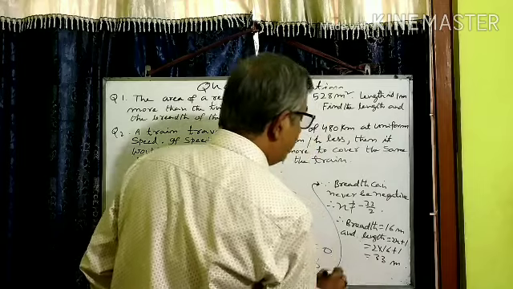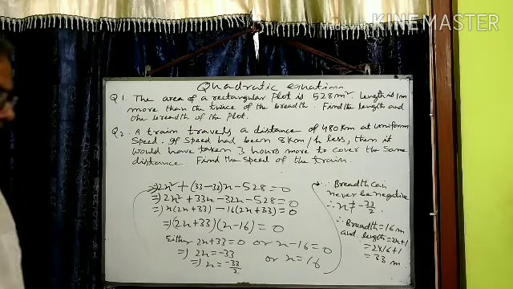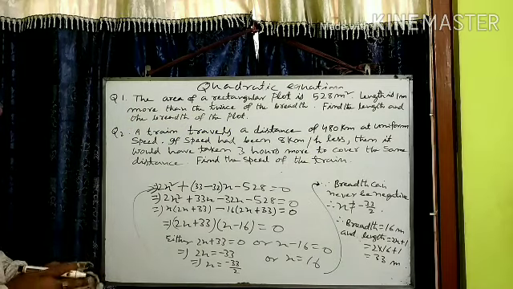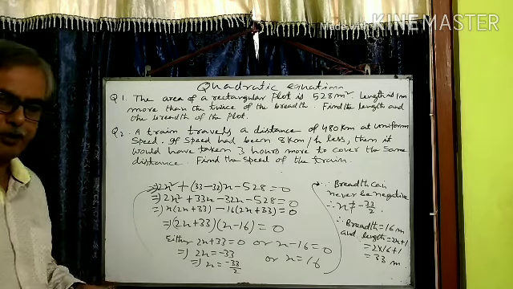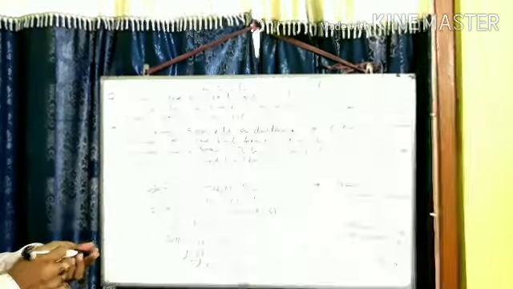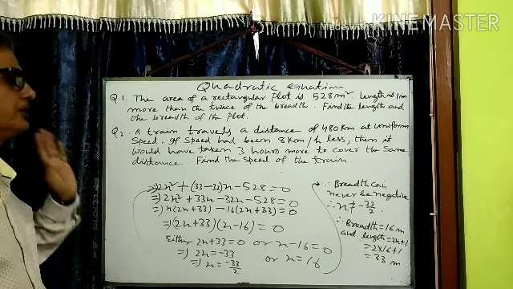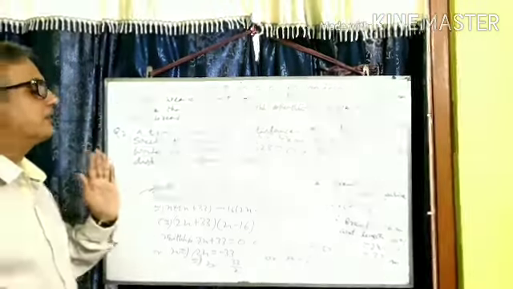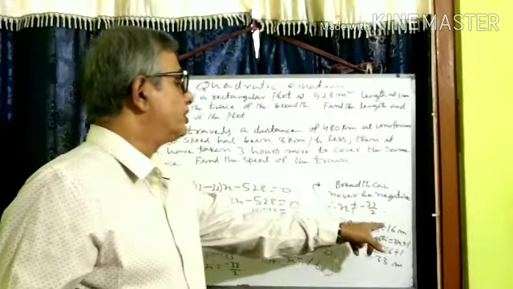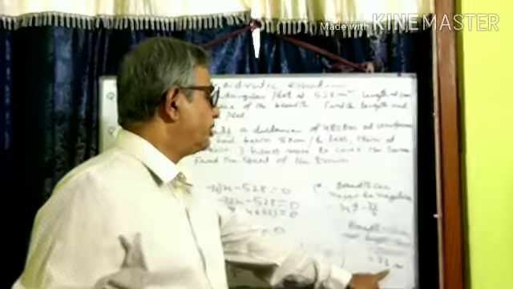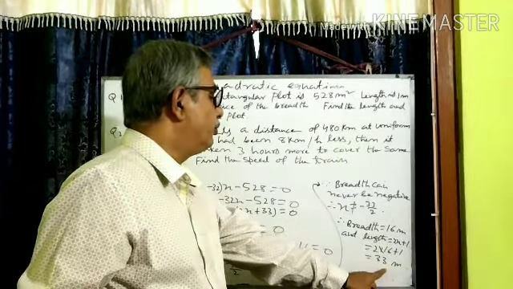I think you got the dimensions, you got length and breadth. Okay, I am going to rub it now. Now which question do you have to do? Question number 2. Question number 1 you have finished. So these are the answers: 16 meter for breadth and 33 meter for length you got.